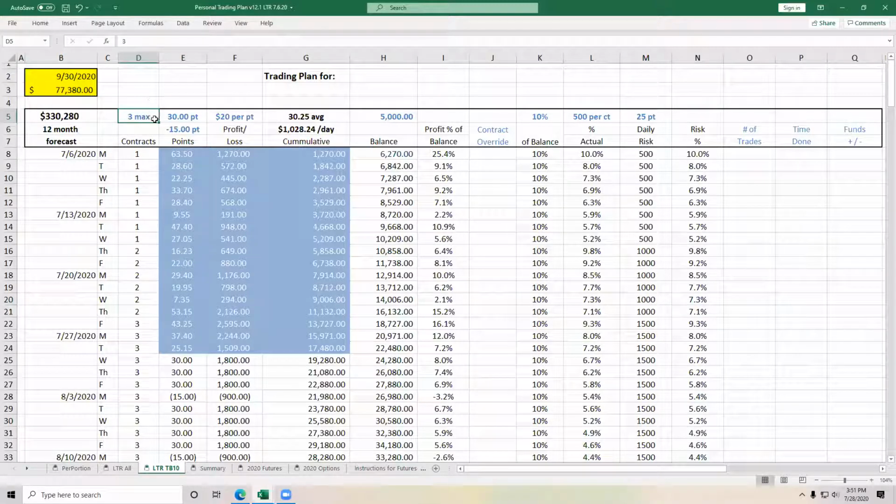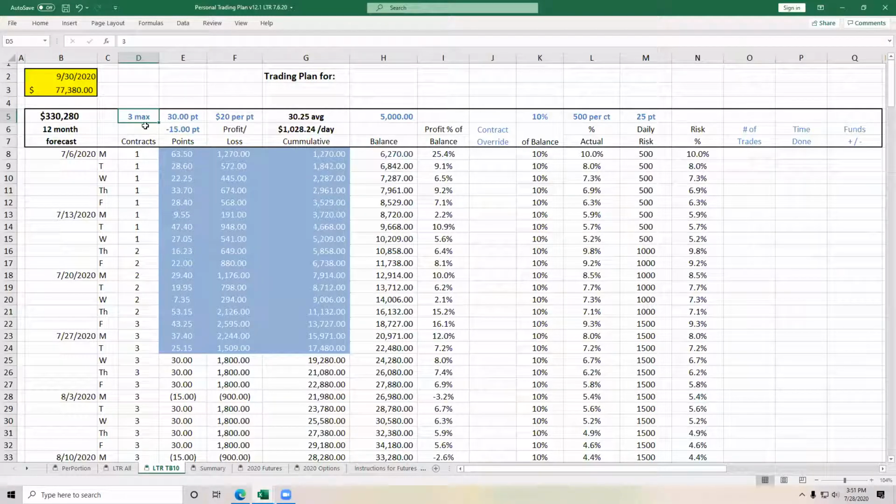Now, the really cool thing I like about the trading plan tool is you can play around with this figure. Once you know what your actual average is and that your forecast is realistic based on your actual, then you can play around with this number.